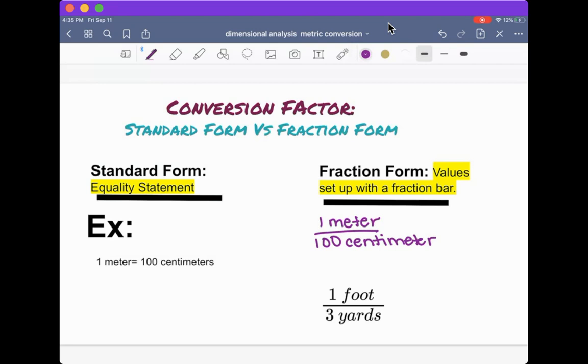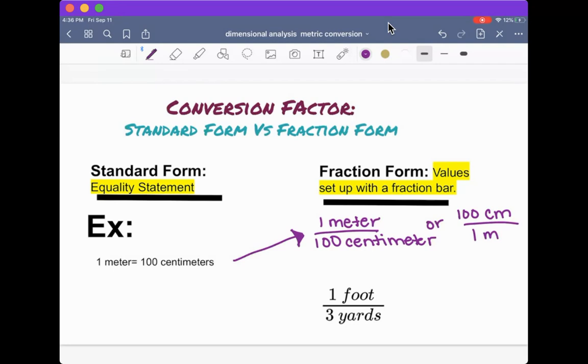Okay, I could represent it in its inverse form with 100 centimeters, and I'm going to use its abbreviated form just because I'm running out of room on the slide, over 1 meter. Okay, both of those fractions mean the same thing, and they represent the equality statement that 1 meter is equal to 100 centimeters.